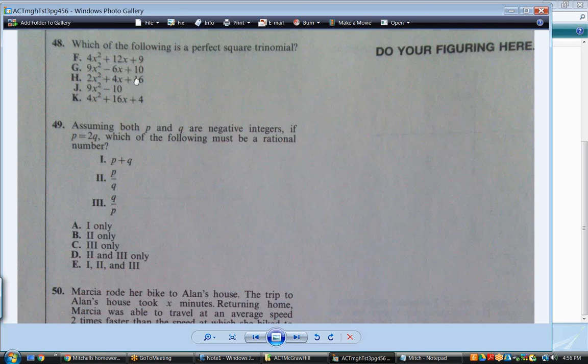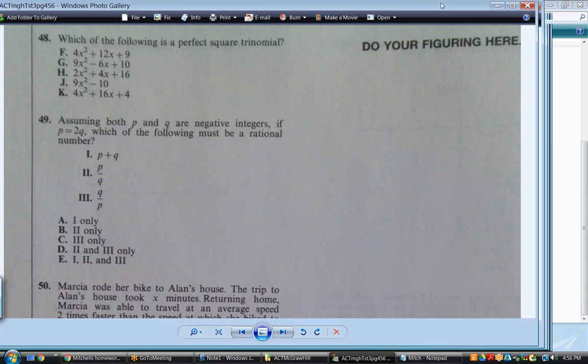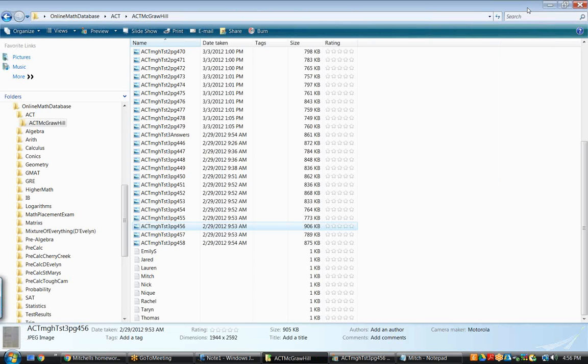Which of these is a perfect square trinomial? What that means is that when I factor this, I get a linear term squared, something like (x - 3) squared. That would make it a perfect square trinomial. Or (x - 2) squared. Or, well, what's the trinomial if it's k?